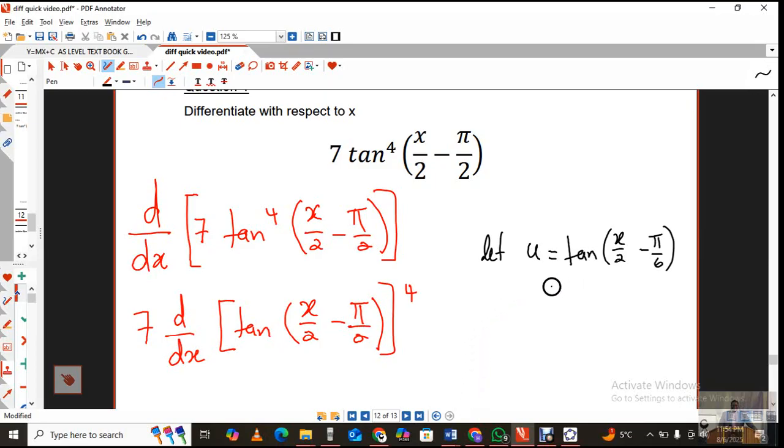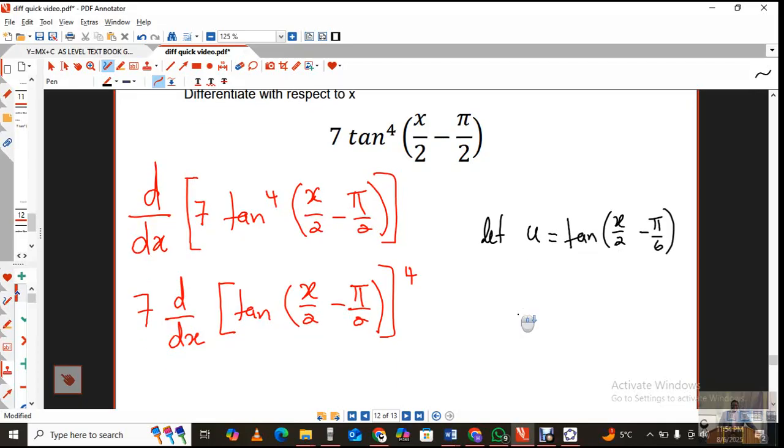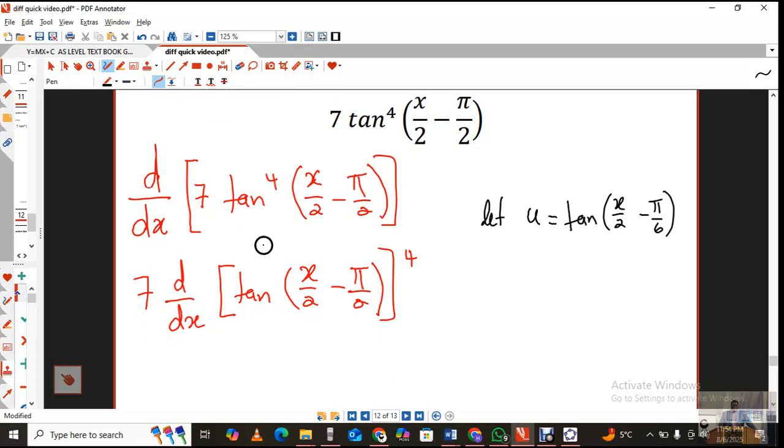And in fact, before I continue, the next one that I'm going to do, I'm going to say let y equal u raised to the power 4. Maybe I need to bring it down a little bit, just create a bit of space. So this is going to be y equals u to the power 4. So let's come with du dx.